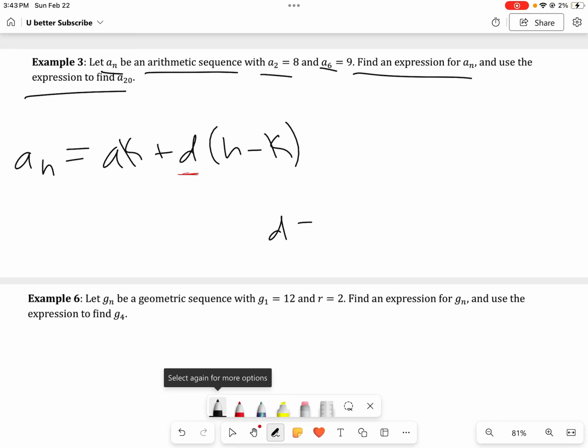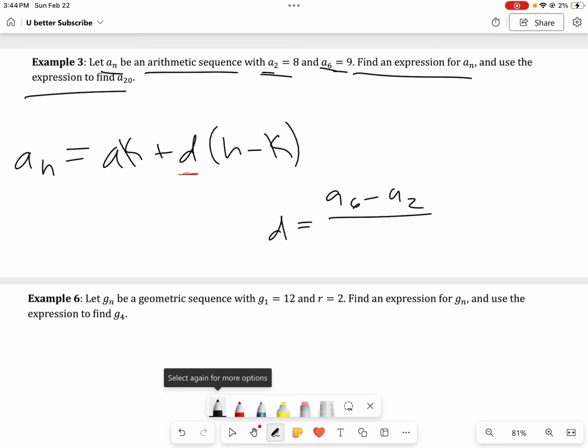You know, the common difference is just going to be a6 minus a2 over the difference of the indices.